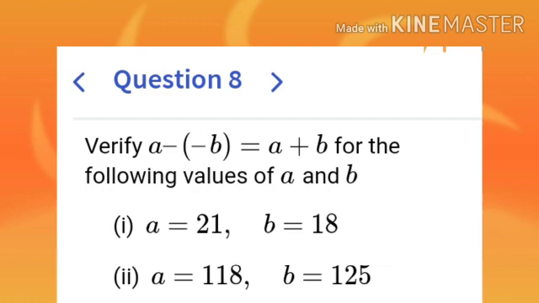Then the second subdivision, the value of a is 118 and the value of b is 125. Also, in the above statement, two expressions were given. One is on the left hand side, another one is on the right hand side. The left hand expression is a minus of minus b and the right hand expression is a plus b.